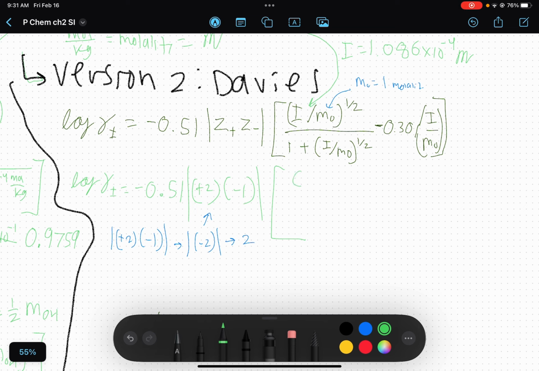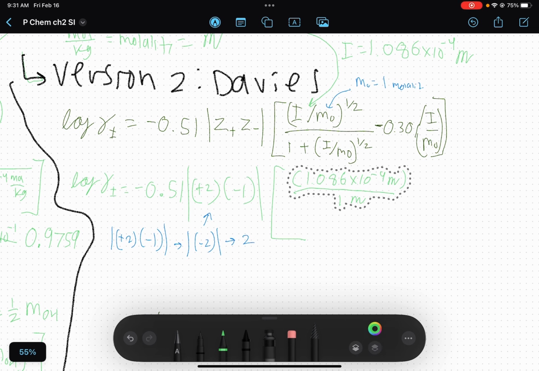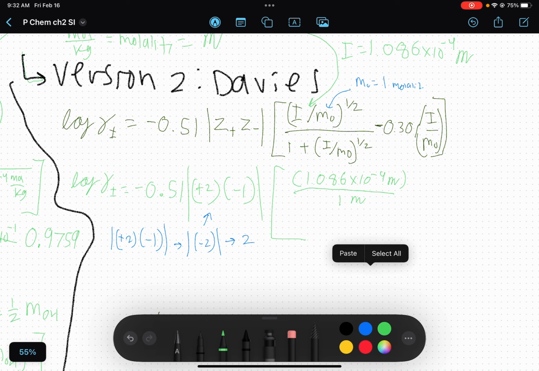Okay. 1.086 times 10 to the negative 4 mu over 1 molality. I'm going to copy that because I don't want to rewrite it 1,000 times. It's not 1,000, it's only 3, but you know what I mean.